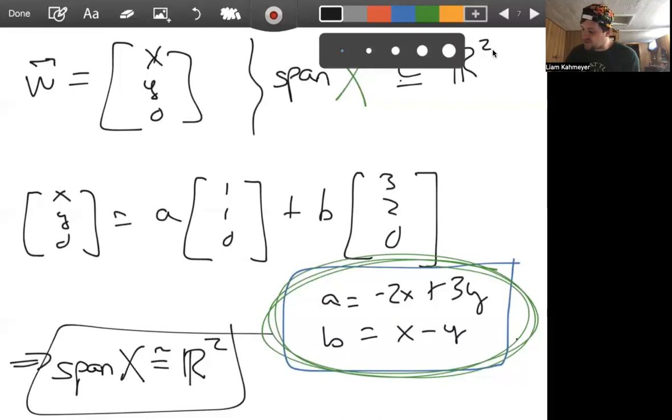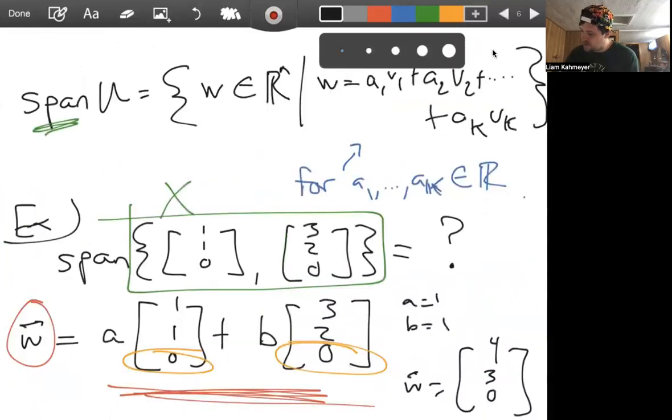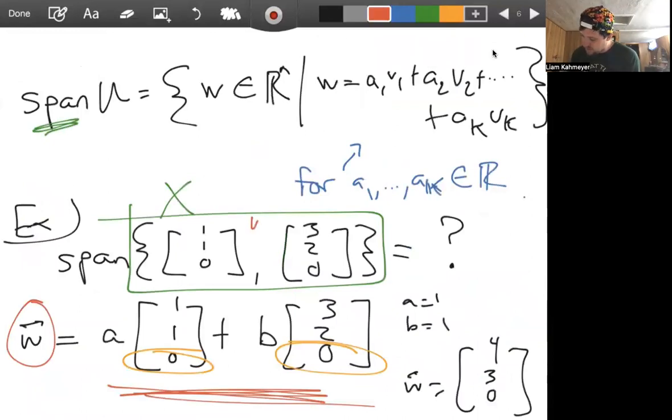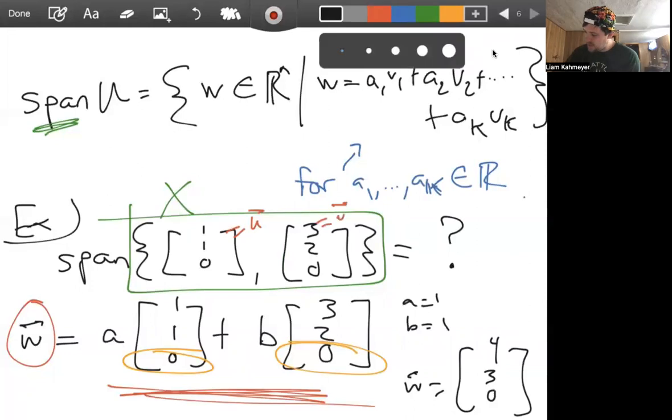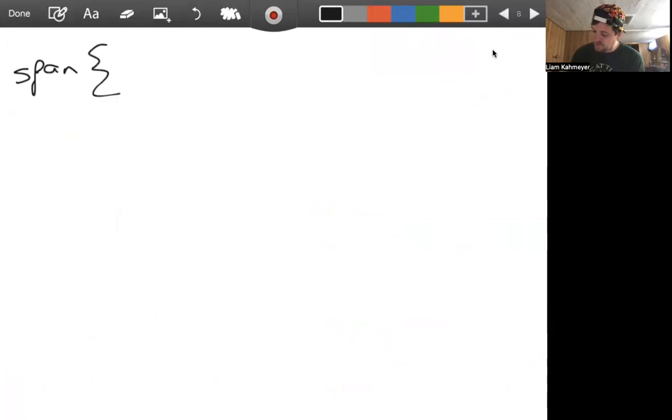So now let's consider this example still with the vectors. Let's give them names. Let's say the vector 1, 1, 0 is the vector u, and the vector 3, 2, 0 is the vector v. And so here now, let's say we're trying to calculate the span of 1, 1, 0, 3, 2, 0.